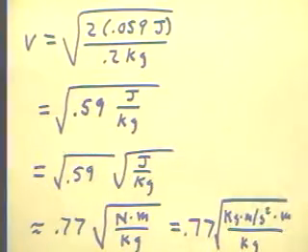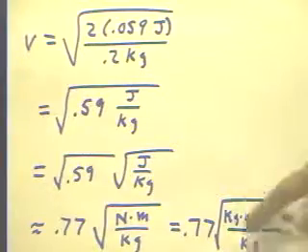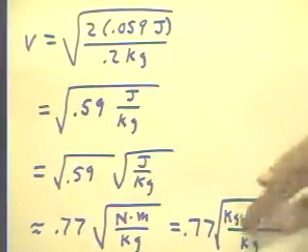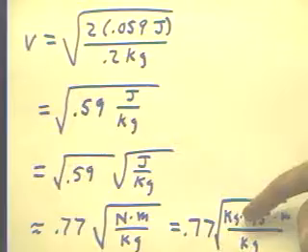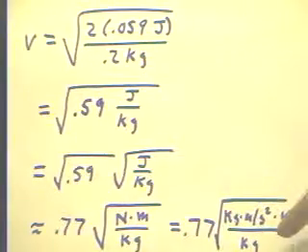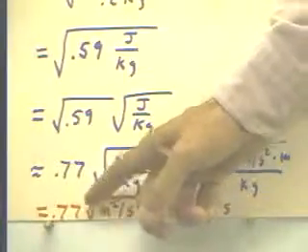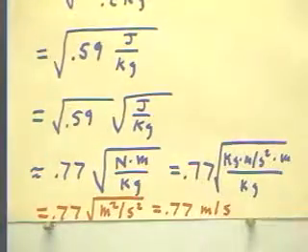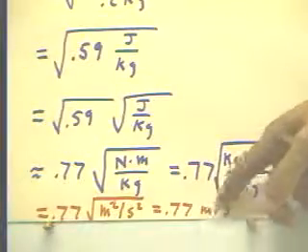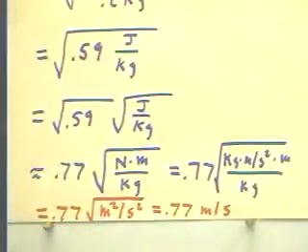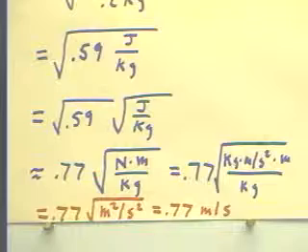We see that the kilograms will divide, give us 1, so we're done with those. A meter per second squared times a meter is a meter squared per second squared, so that we end up with 0.77 times the square root of meter squared per second squared, and the square root of that's just meters per second. So we see that the rail should be moving at 0.77 meters per second.